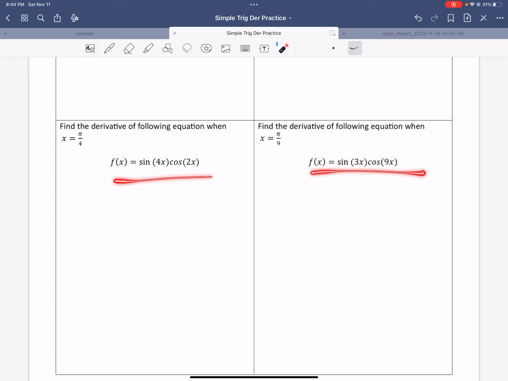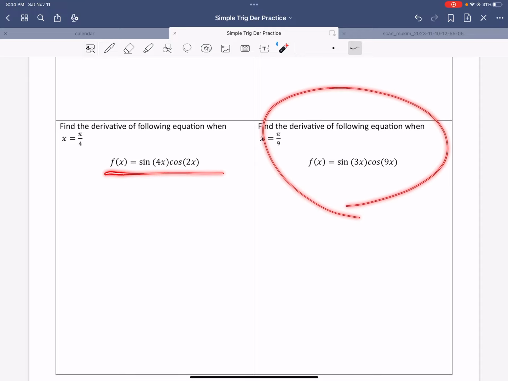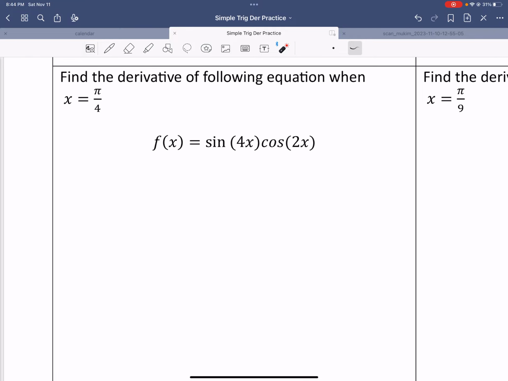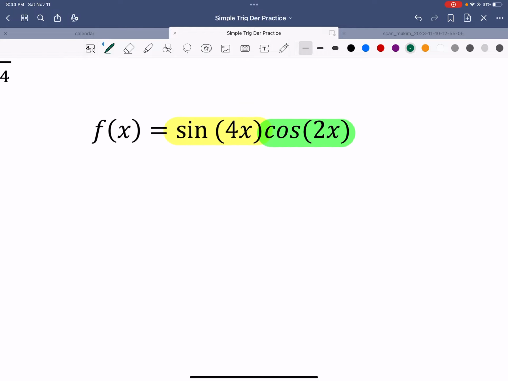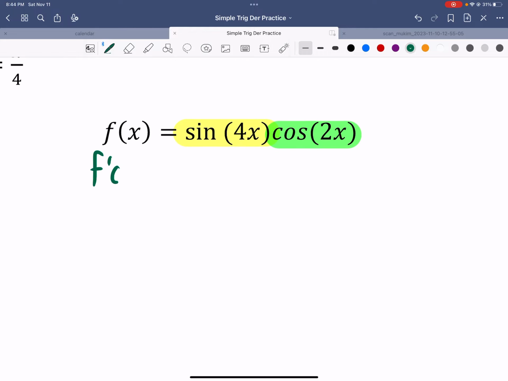These two questions are very similar. So probably I will go over this one so that you guys can go over that one, okay? So let's do this one. Again, it's two different things here. If I derive it, sine 4x is gonna be cosine 4x times 4, right?